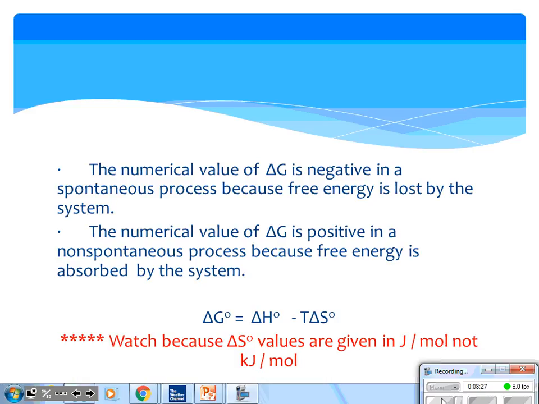So look at your data table right now. Look at the value for delta H and delta G. What are those labels? Kilojoules per mole. Look at the value for delta S, or just the S. Those values are what?